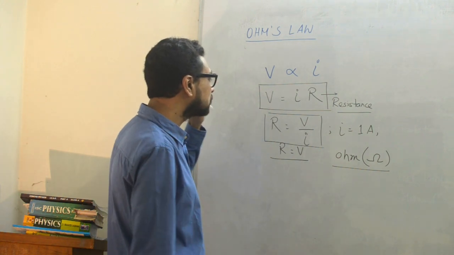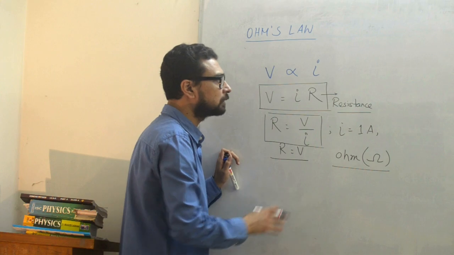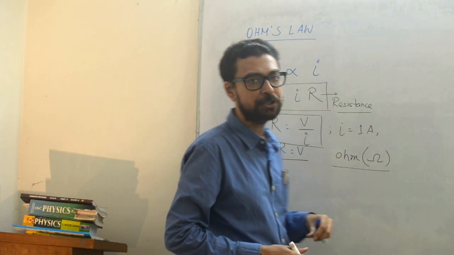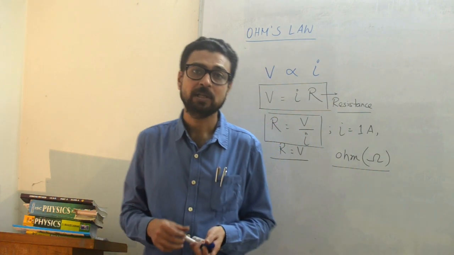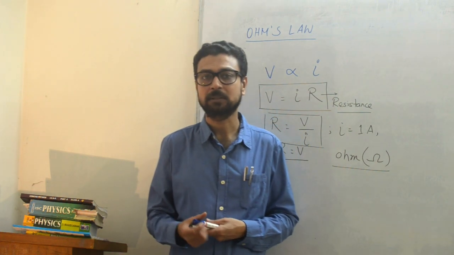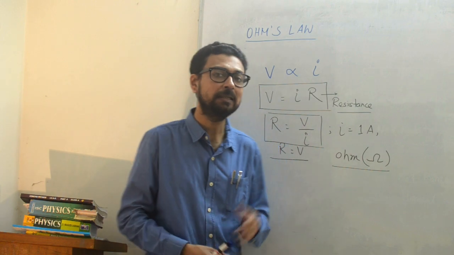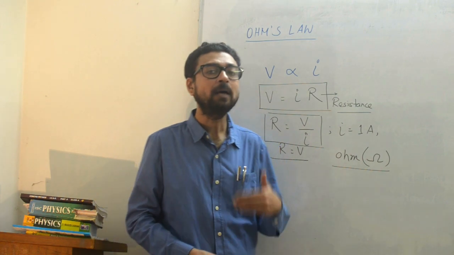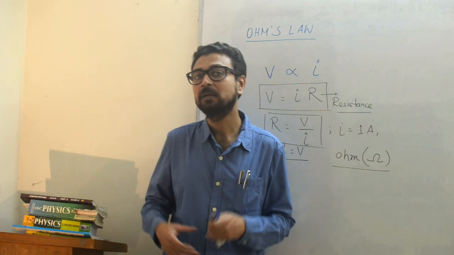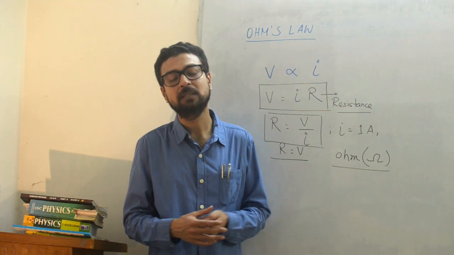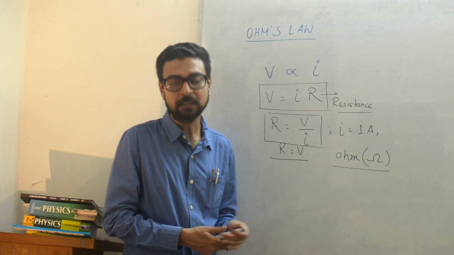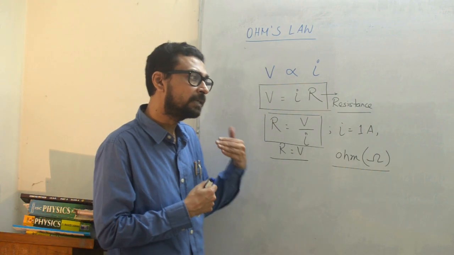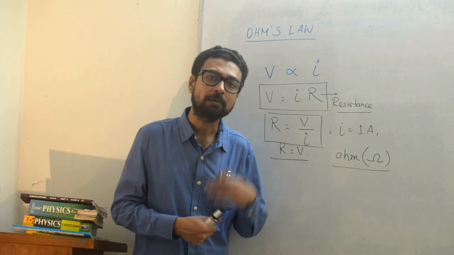This is a particular situation where we are thinking that potential is directly proportional to current, keeping the temperature and other physical properties constant, because resistance actually depends on a lot of things. That is why Ohm told us this phrase, that the temperature and other physical properties remaining constant, then only this law is valid, because resistance can vary with a lot of things.